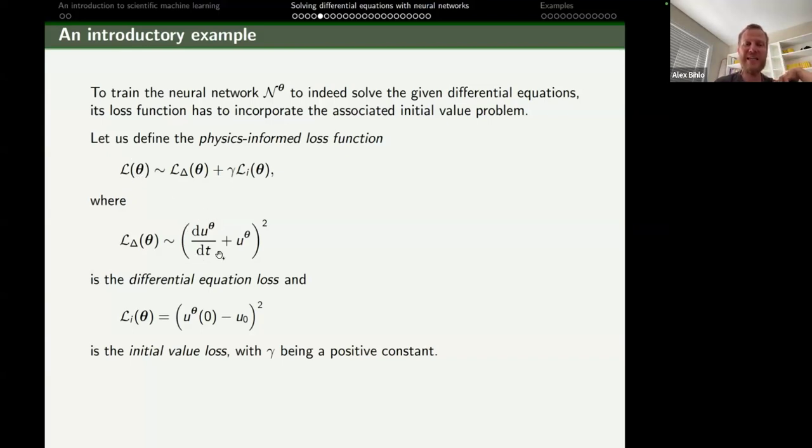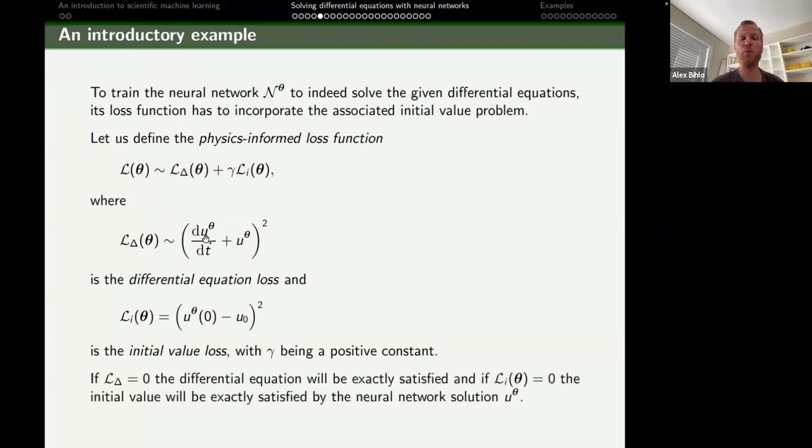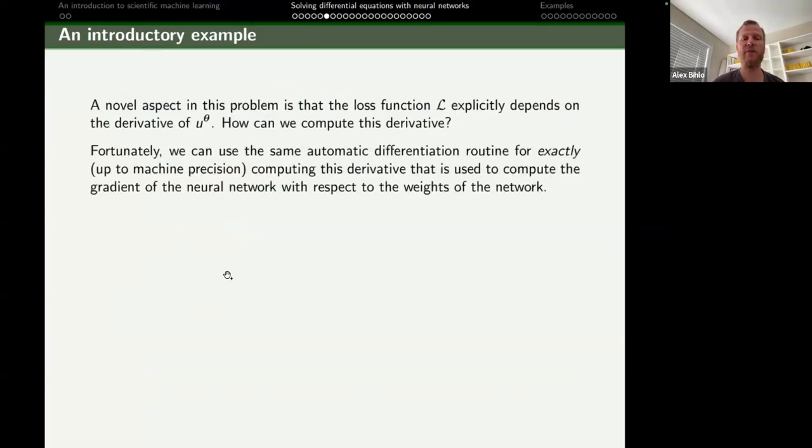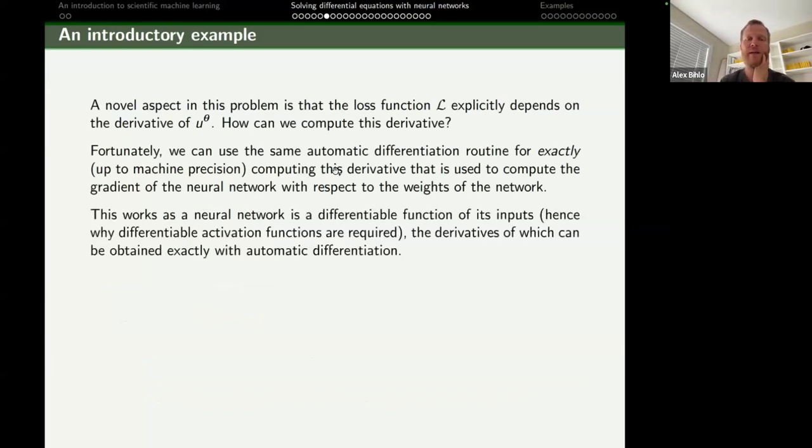But to compute this expression here, the derivative of the neural network with respect to its input, the neural network has to be a differentiable function as well, which is why you want to use a differentiable activation function, such as a hyperbolic tangent function or a sigmoid function, so that you can compute these derivatives automatically.